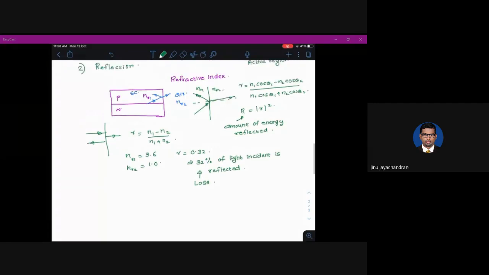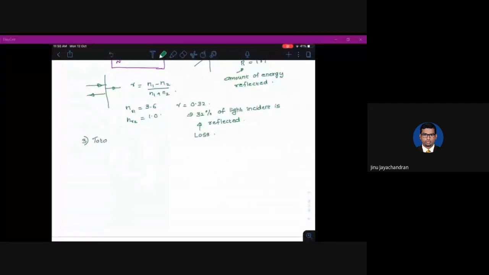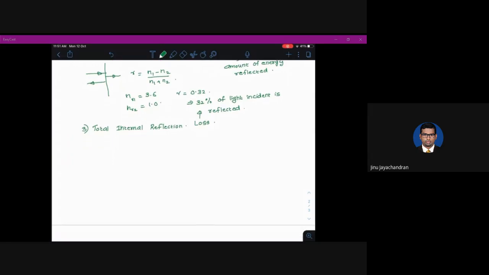The third loss is total internal reflection. Okay. What do you mean by that? If you have a boundary like this, and the light is incident at some angle, it might come back at some angle, and it is possible that all the light incident will be coming back into the semiconductor if the angle theta is greater than theta c, which is called the critical angle.